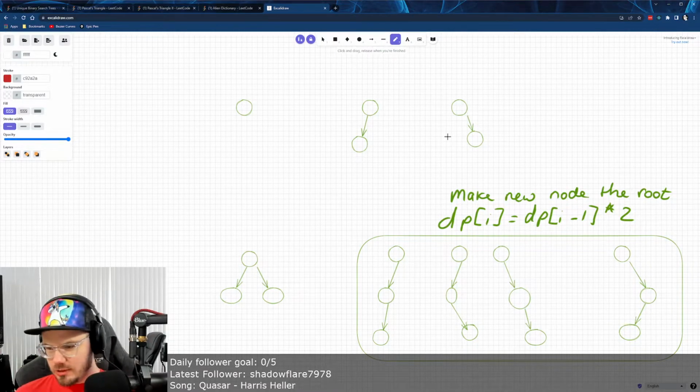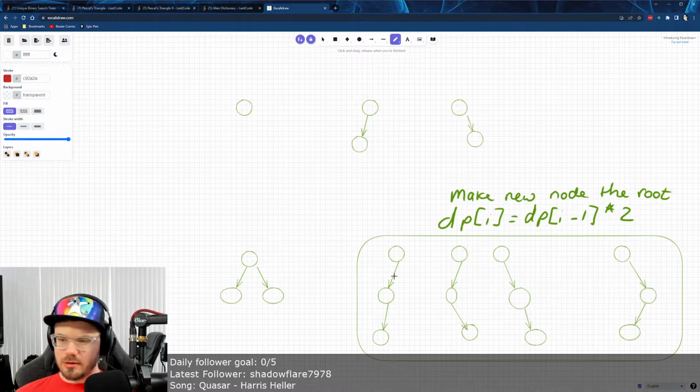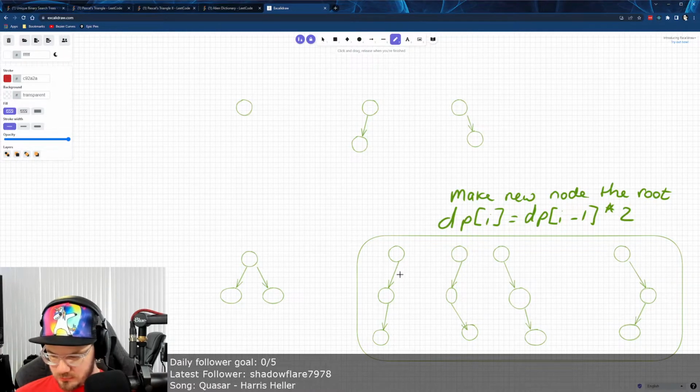And additionally, let's say that we were trying to figure out dp of I equals 4, dp of 4. We could put the new node here, or we could put the new node here, or we could put the new node here.